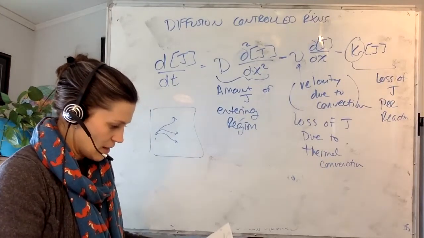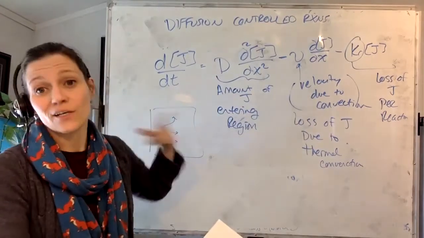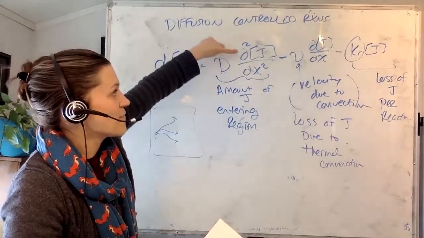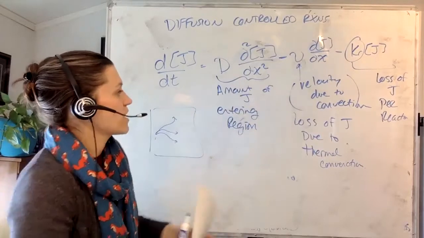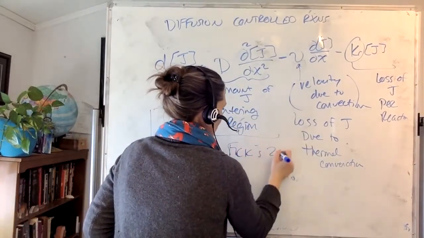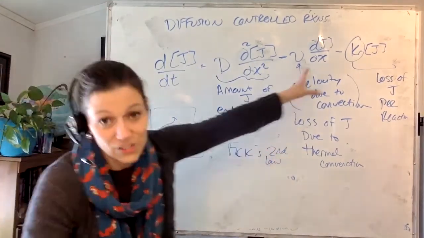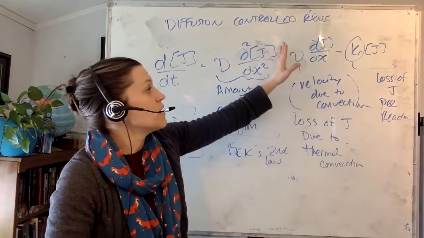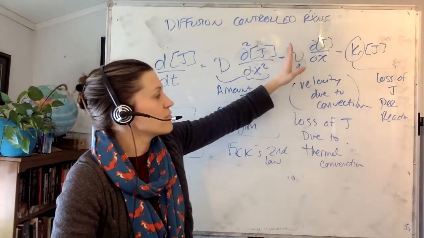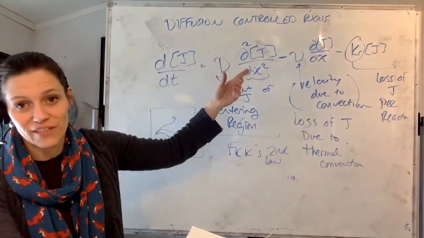So this is the material balance equation. Notice that this is also a second order differential equation because we have the second derivative of J, and I should also say this is known as Fick's second law of diffusion when these two terms are zero. When you don't have convection effects and you don't have any reaction, that all goes away, and this becomes Fick's second law.